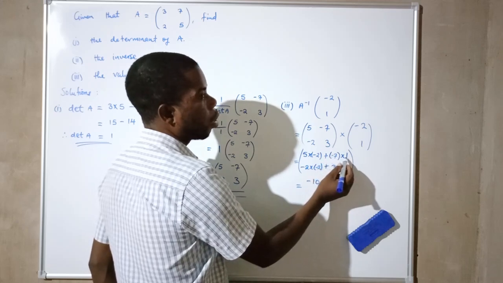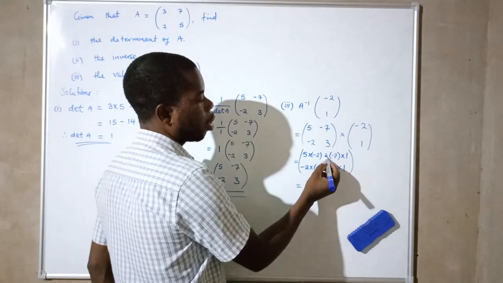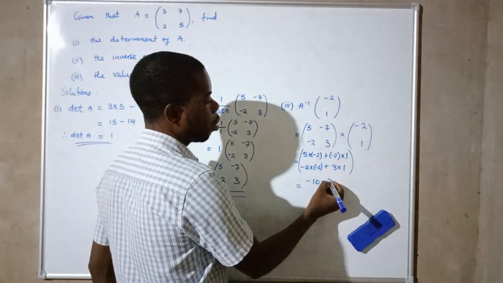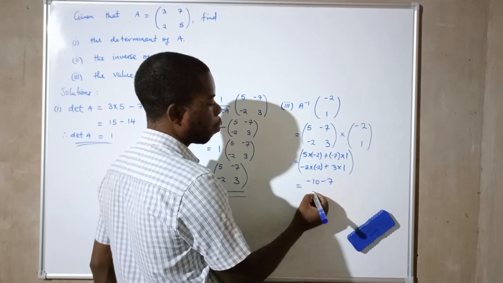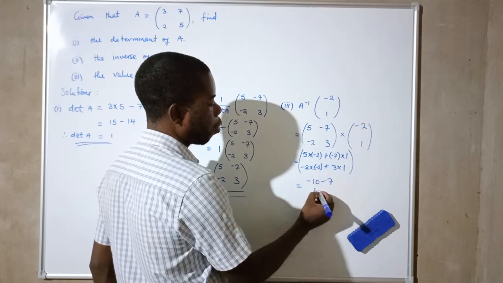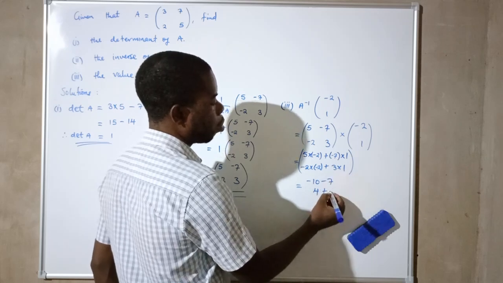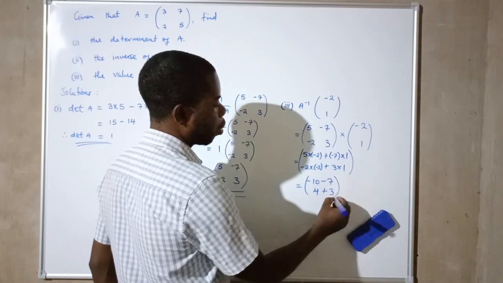Negative 7 times 1, it will be negative 7. Then here, negative 2 times negative 2, it will be positive 4. Then plus 3 times 1, it will be 3. So I'll do like that.